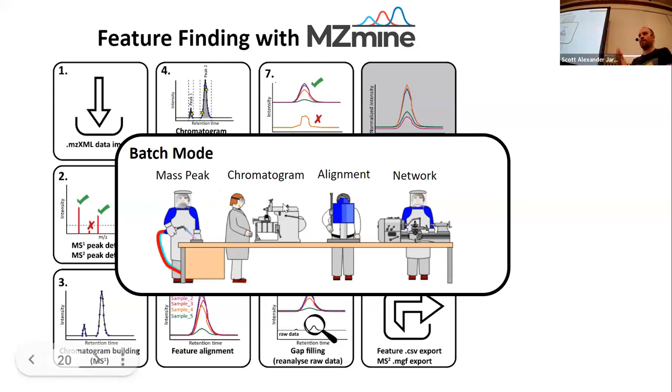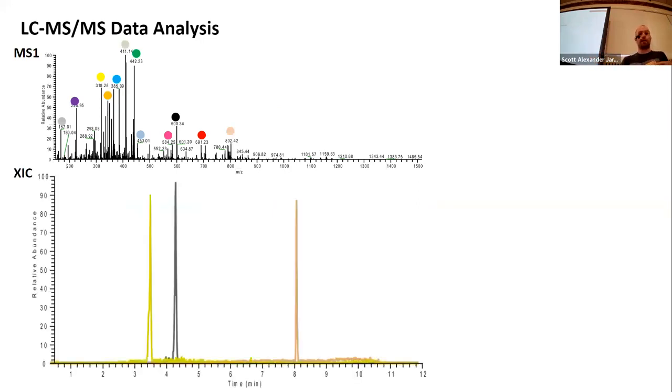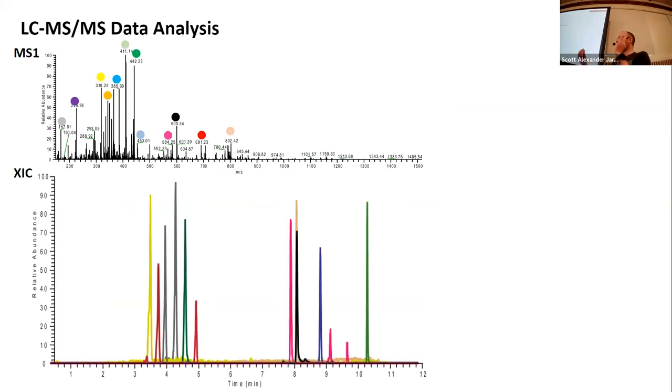At the end, the most important thing is that we generated extracted ion chromatograms from the MS1 scans of your DDA LC-MS data, and at one point linked the MS2 information to each of those MS1 chromatograms.